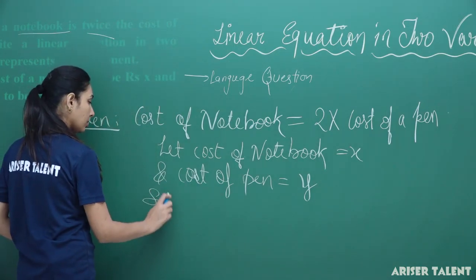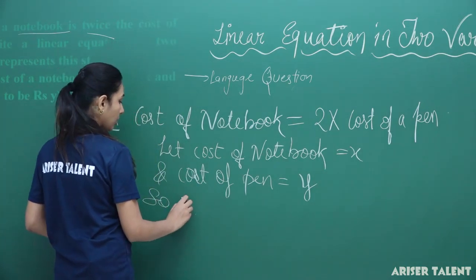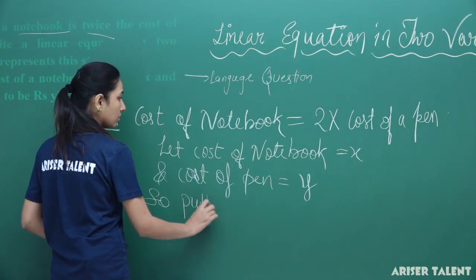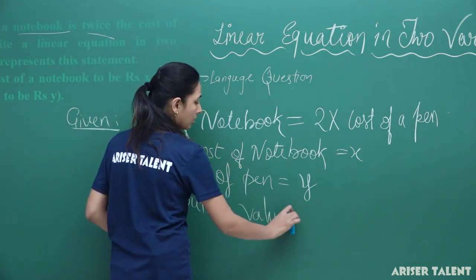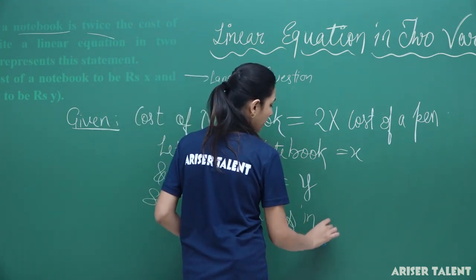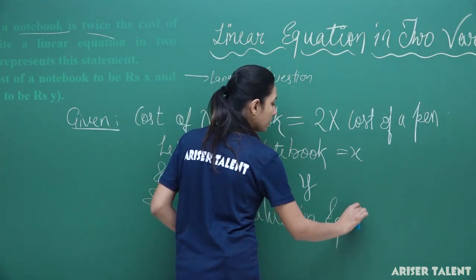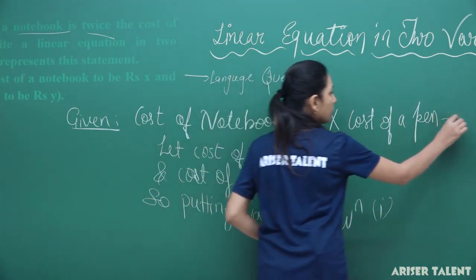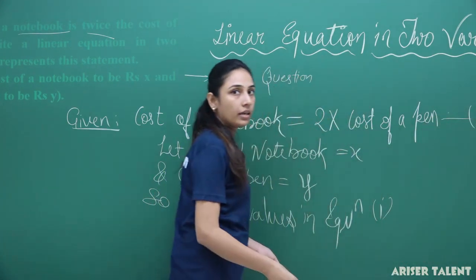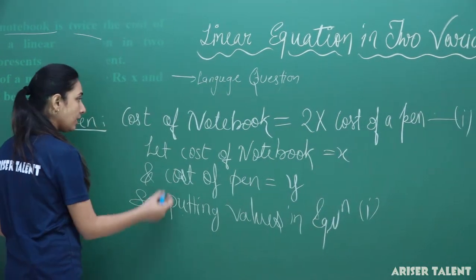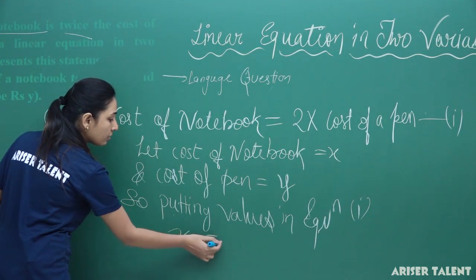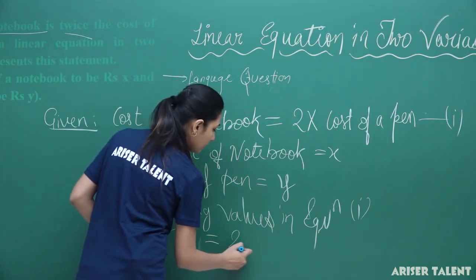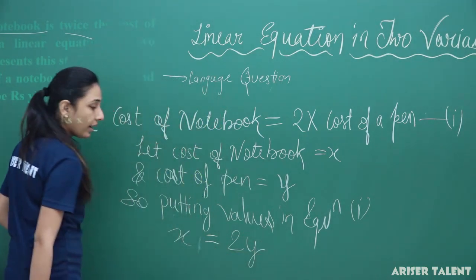So, putting values in equation 1. This is equation 1. So that will be cost of notebook, which is x, equals cost of pen, that is 2 multiplied by y.